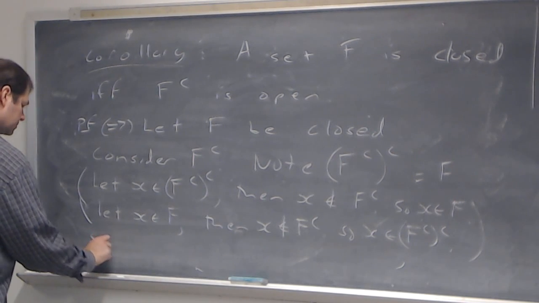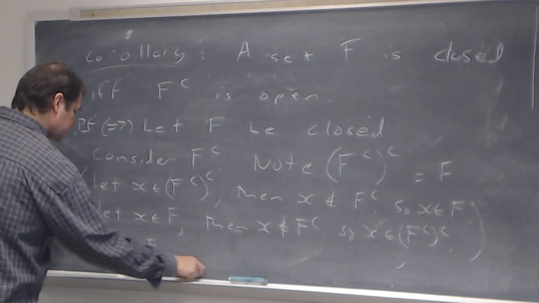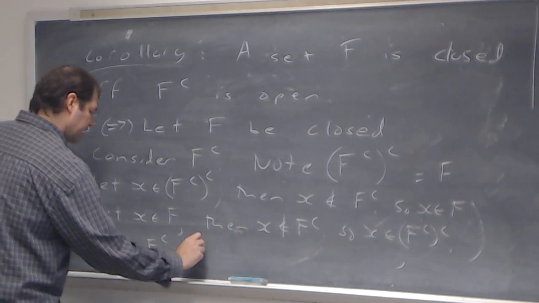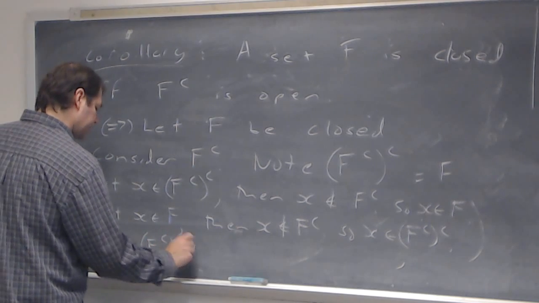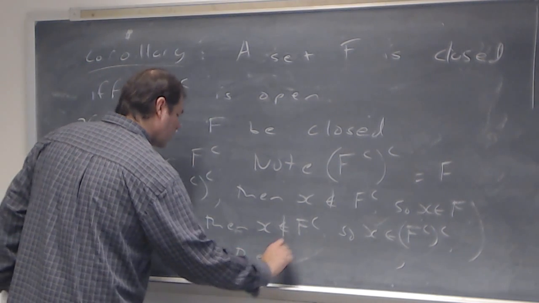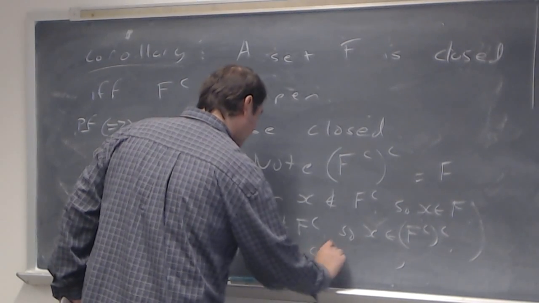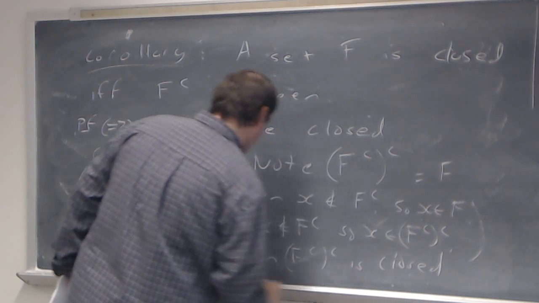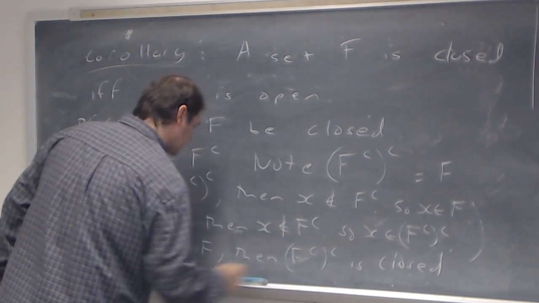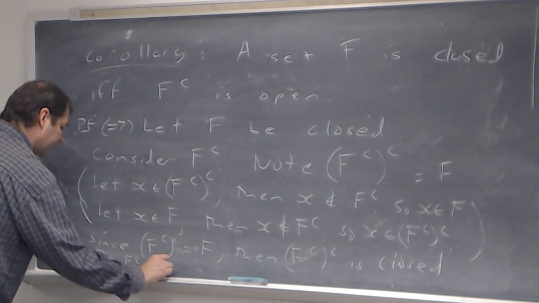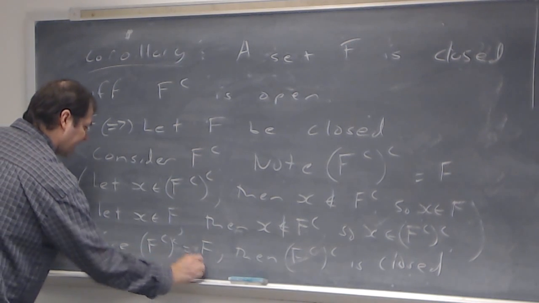Since F is closed, and F complement's complement equals F, then F complement's complement is closed. And so what we know is if the complement of a set is closed, then that means that the set is open. That's by the previous fact.